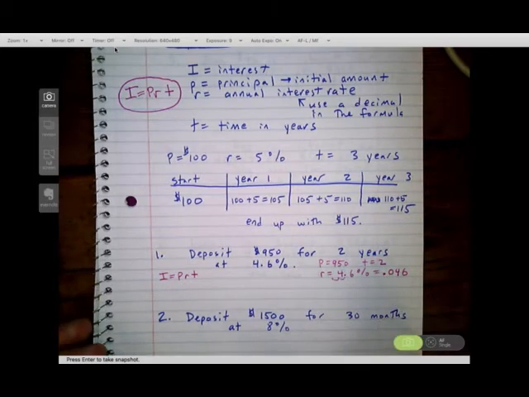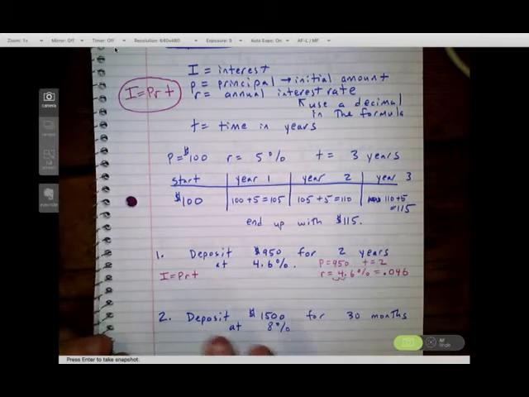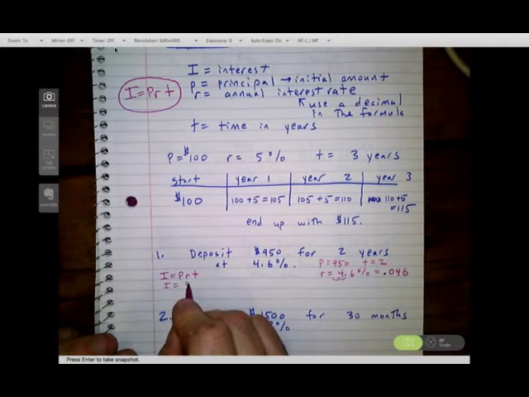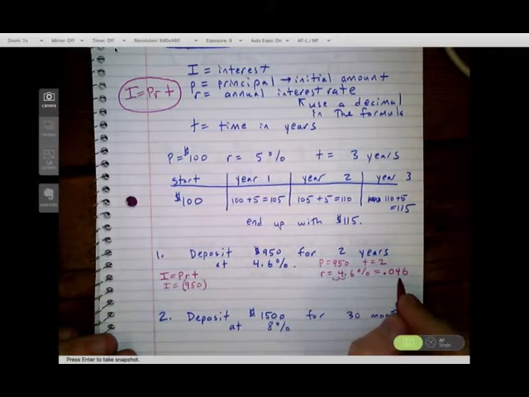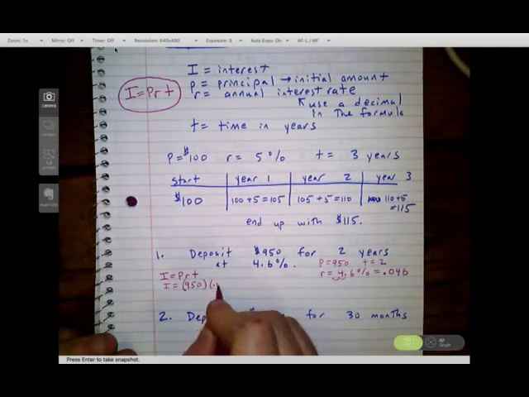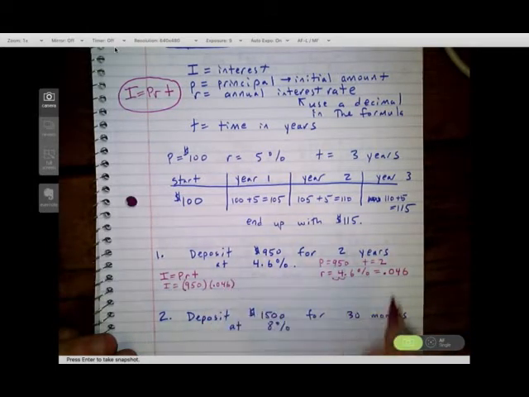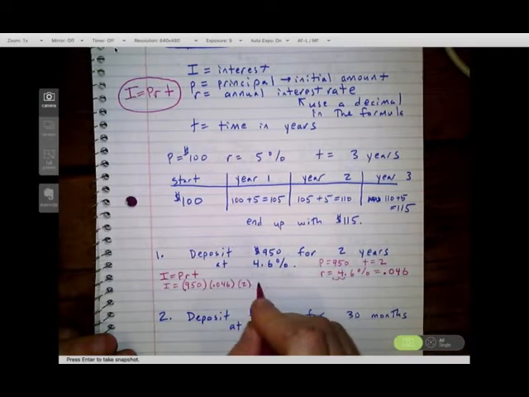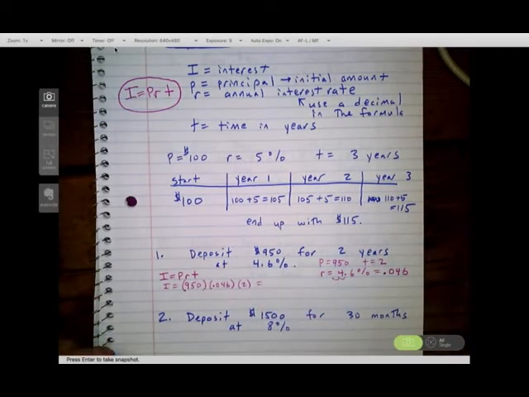Okay, so let's find the interest. And we'll just plug it in here and of course use a calculator. So I equals what we started with, our principal, 950, times the rate as a decimal, 0.046, times how long, which is 2 years. Okay, now let's work that out.